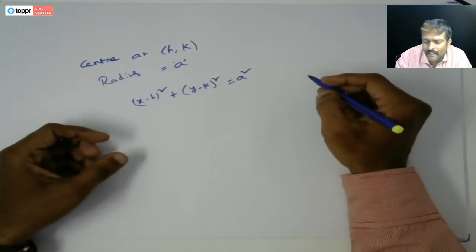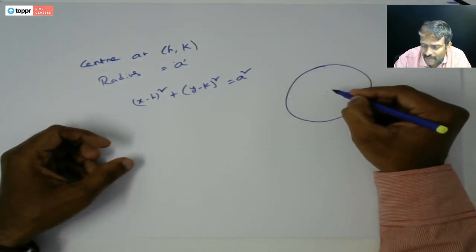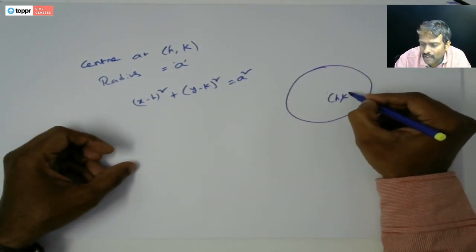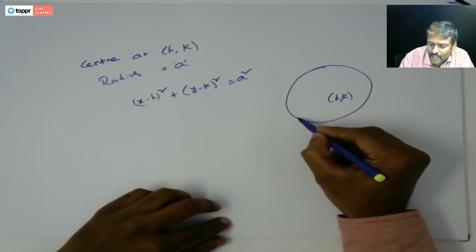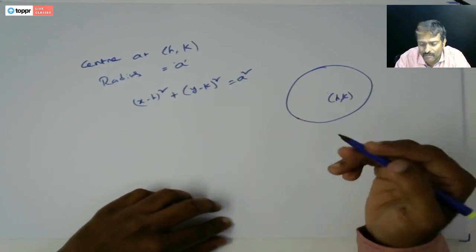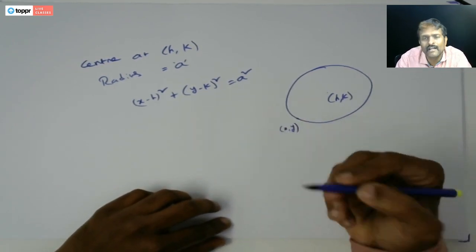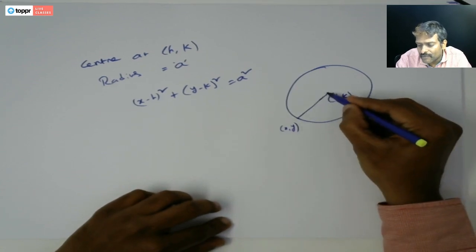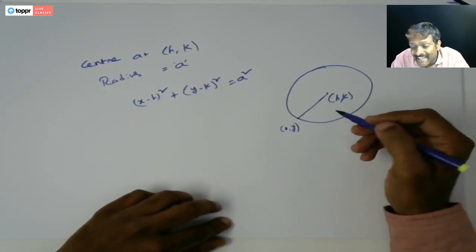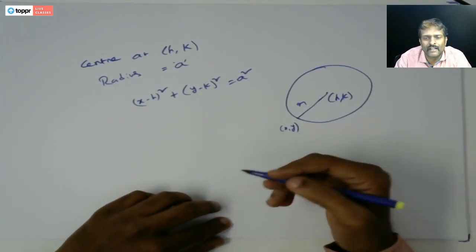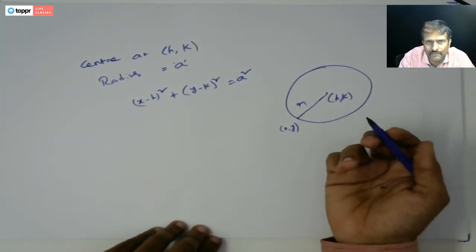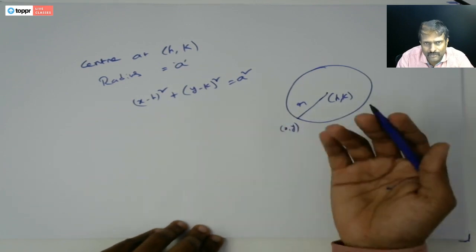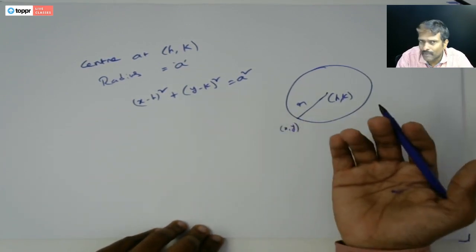You all know, right? If there is a circle with center at h comma k, and you take any random point on the circle, say x comma y, then the distance from this point to the center is the radius. And we know the formula of the distance: root of x2 minus x1 whole square plus y2 minus y1 whole square.